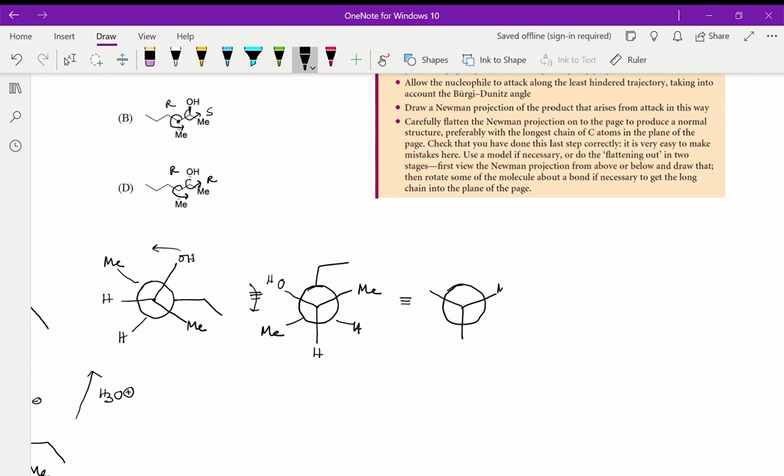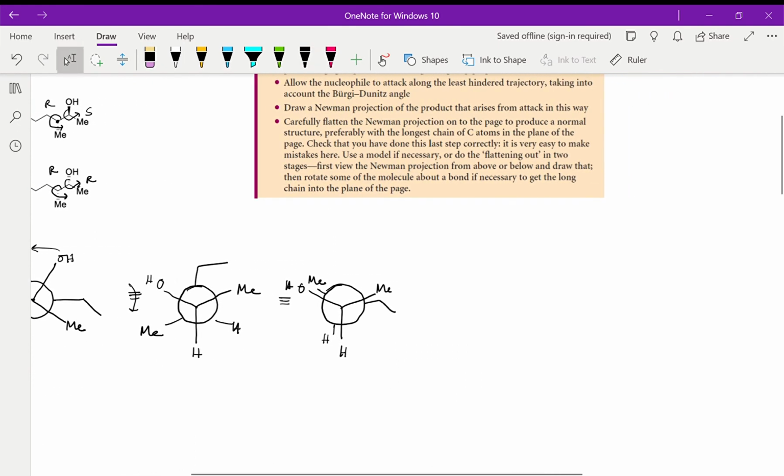Okay, again to help us draw the Fischer projection formula, from where we will again assign the RS. So we have the eclipsed form right now, and from here it will be very easy for us to draw the Fischer.